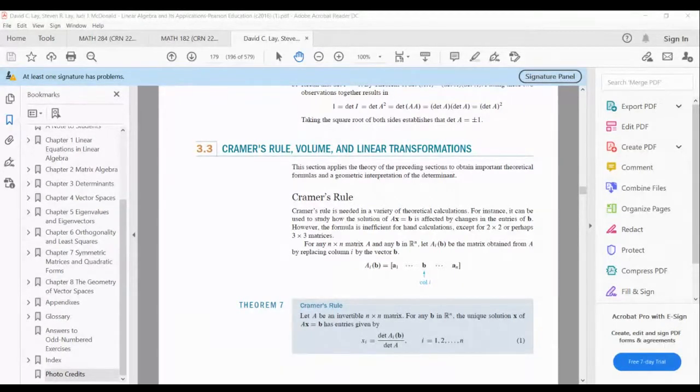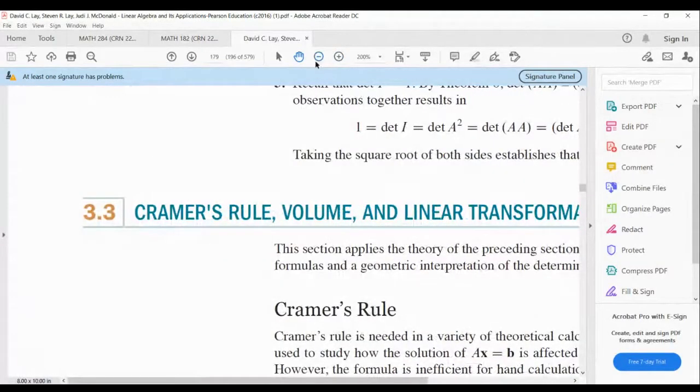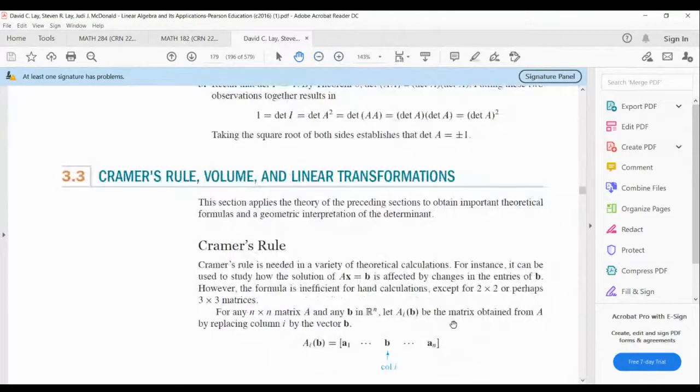Just closing a few files out so I have a more manageable layout. Okay, wonderful. Let me blow this up a little bit. So Cramer's rule, and I'm looking, let me get my little pen out here, is section 3.3.